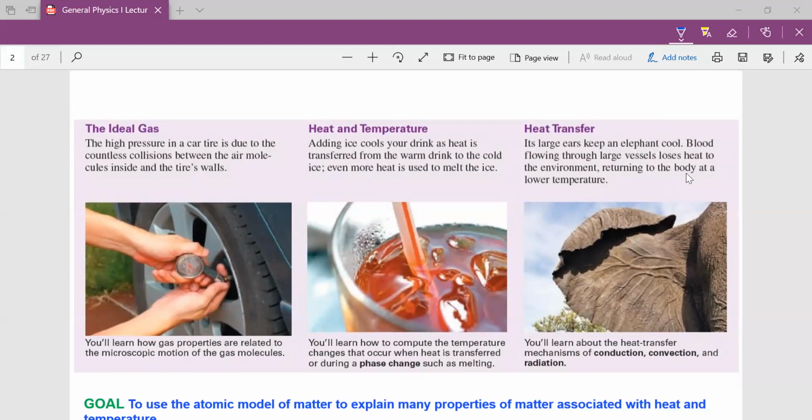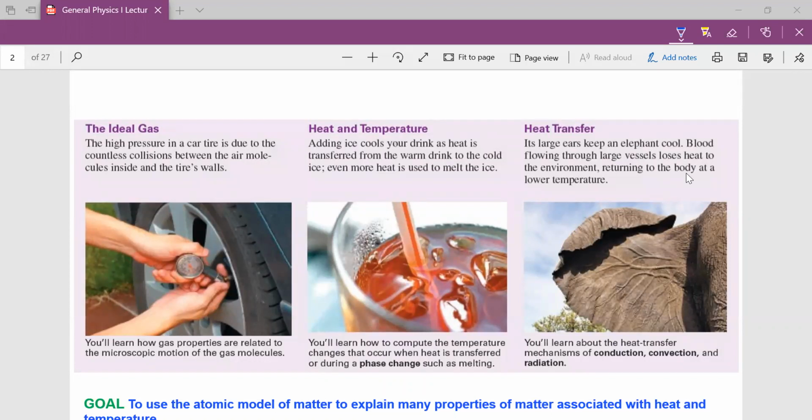So as usual, we'll be looking at three major blocks. First, we'll look at ideal gas. And looking at ideal gas, we'll be looking at the atomic model of matter as it relates to gas and the several states of matter. Then we'll look at heat and temperature, and we'll also be able to compute the temperature change that occurs when there's heat transfer.